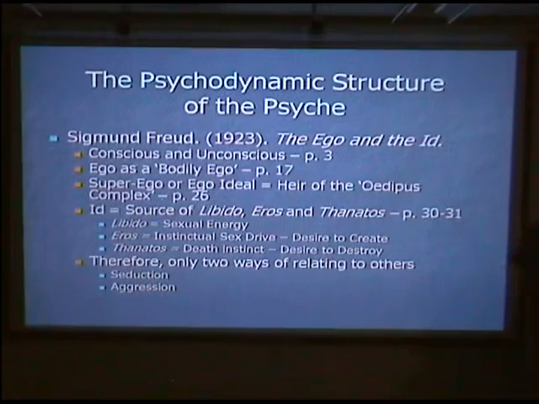He called it libido. And then in this particular book, he talks about two specific instincts that drive us, that use this sexual energy to motivate us to do certain things. Eros, which is the instinctual sex drive, which represents our desire to create in general. And thanatos, which is the death instinct which motivates our desire to destroy.